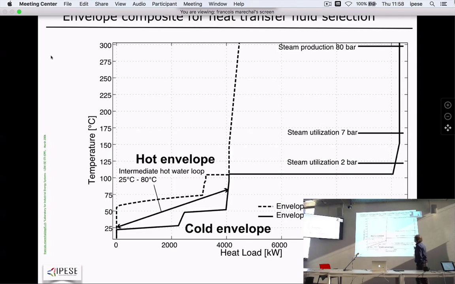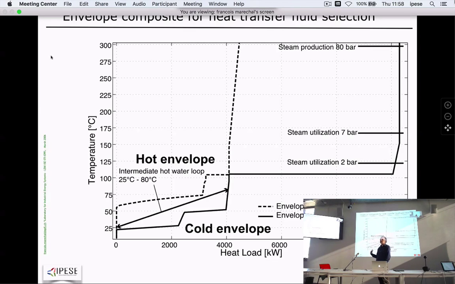Now, the reason why I'm using this envelope is that intermediate fluids can also be used to do cogeneration. What does it mean? It means that I can produce high pressure steam, expand the high pressure steam in the turbine, and use the condensation elsewhere in another subsystem.